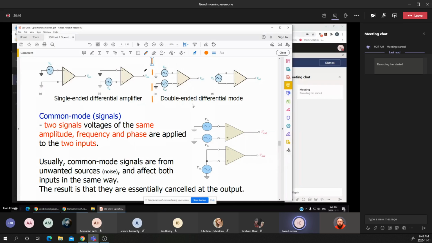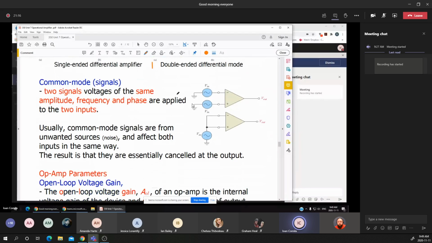Another possibility for the double-ended differential mode is applying the voltage source between the two inputs. This means that a small signal, or input voltage, is applied between the two nodes. In the other configuration, the two separate input voltages are applied between each of the two inputs and the ground.